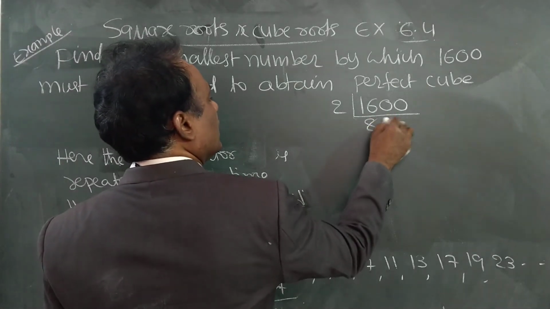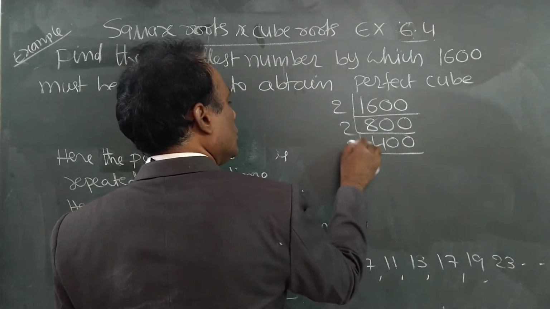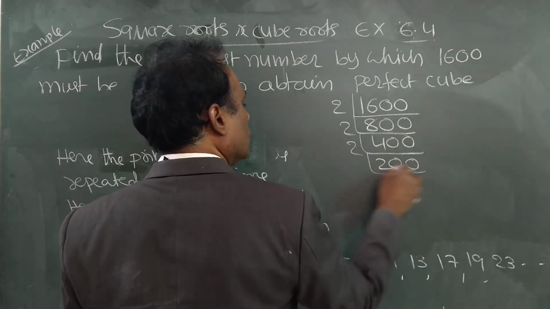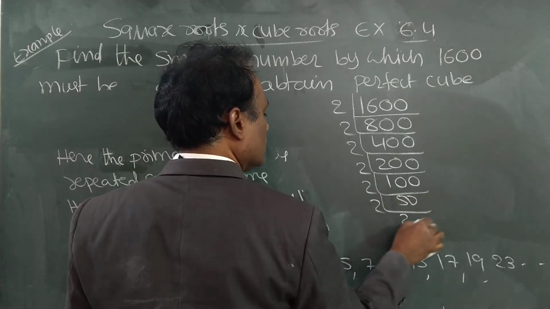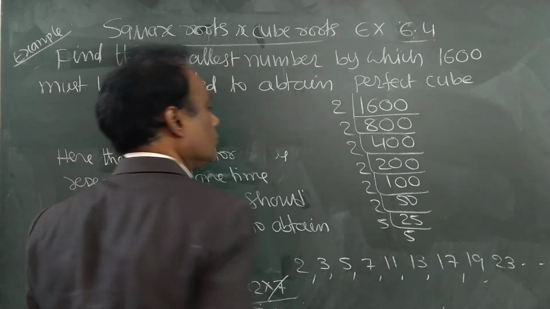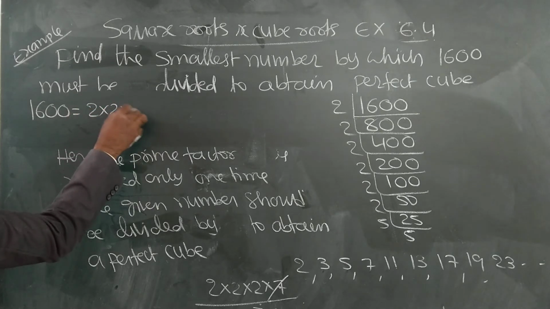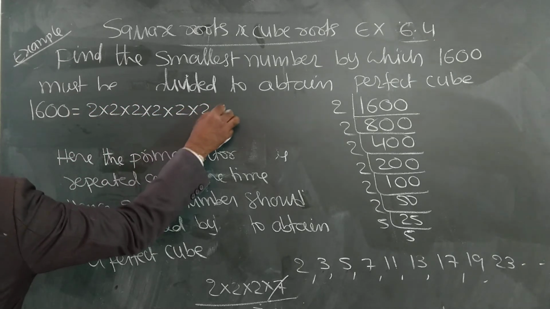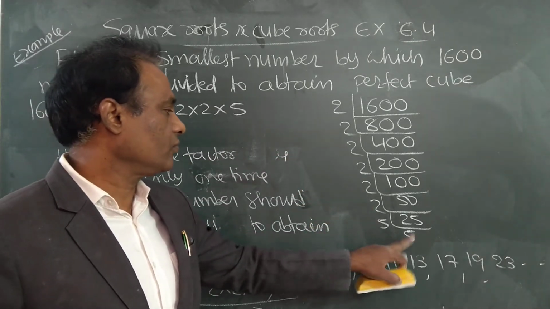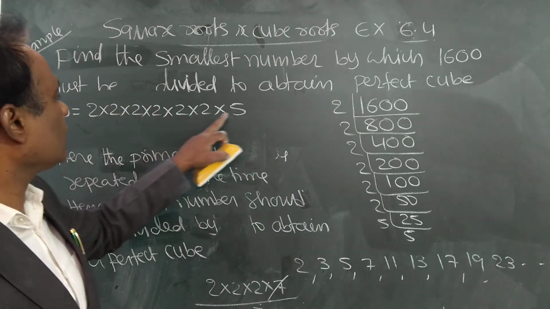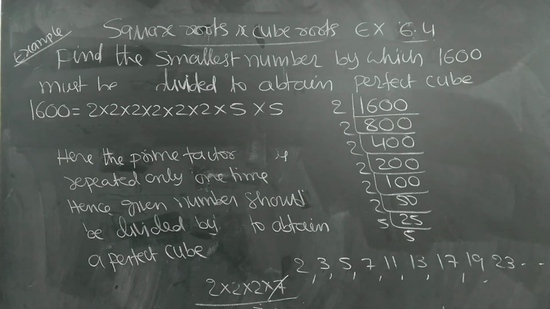Two 8s are 16, 2 4s are 8, 2 2s are 4. One, two, three, four, five, six: 6 times 2, and then 5 and 5. Write down, students. Is it correct or not? You check.